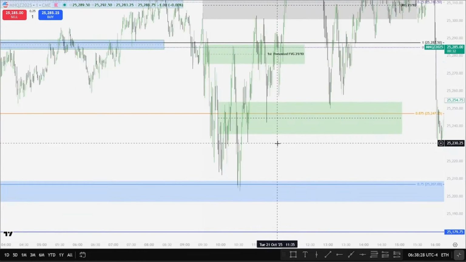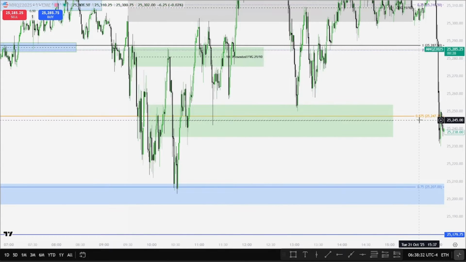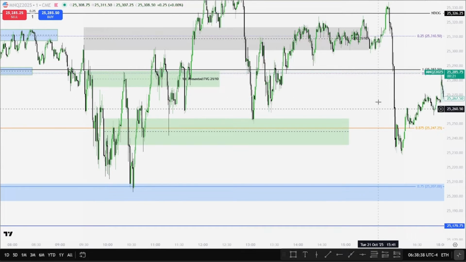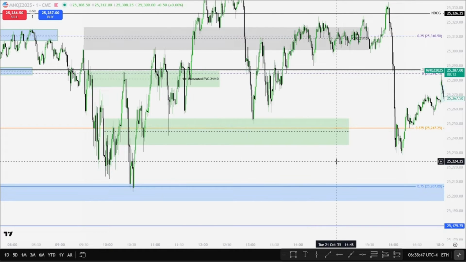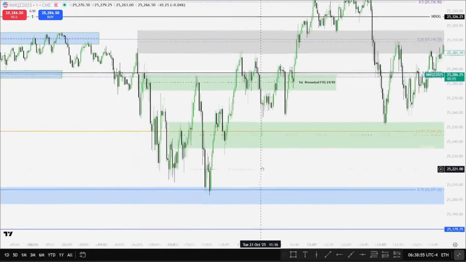What's that? The 0.875 is the middle of that one. You see? From 1 to 0.75, that's the middle. So as you see, it gets respected.